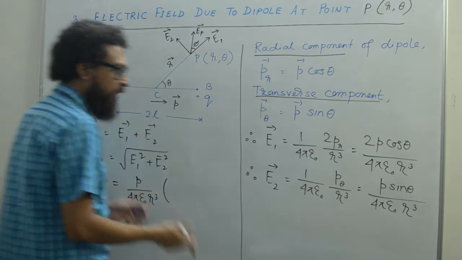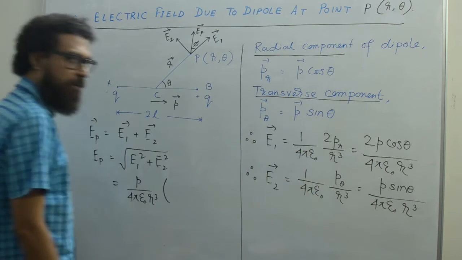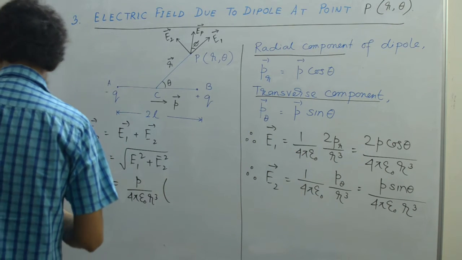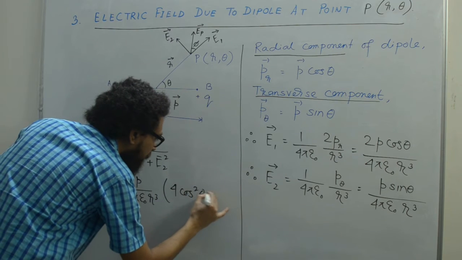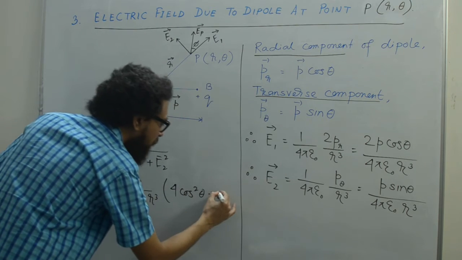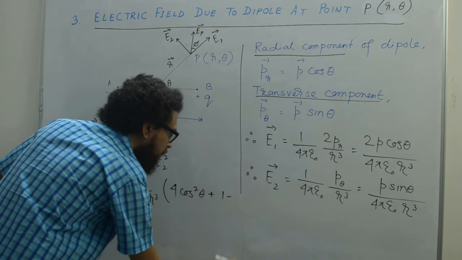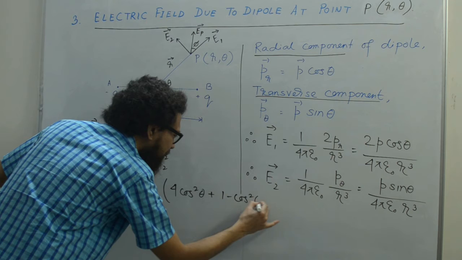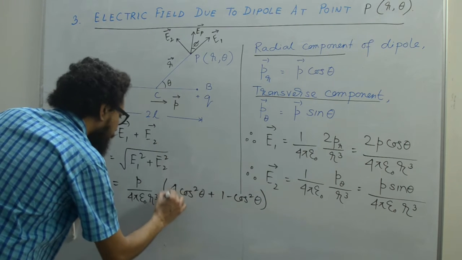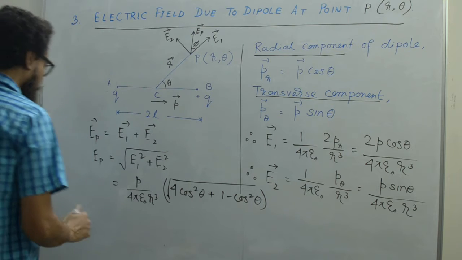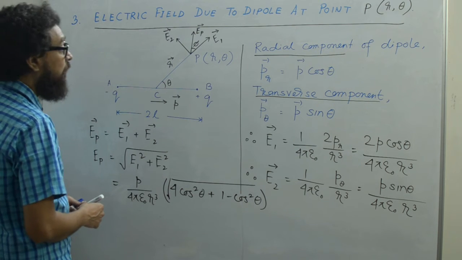and what we have left is the square root of 4 cos square theta plus sin square theta. So sin square theta, can I write 1 minus cos square theta? I'm just jumping a step here. Yeah, it's alright. And we have a square root, of course.